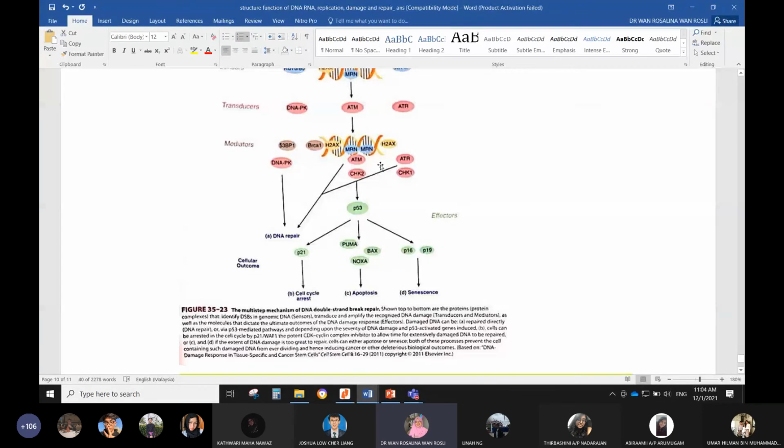So you can see that P53, after its activation, would lead to cell cycle arrest, apoptosis or senescence. Senescence is aging. Basically the cell will age and die off. Apoptosis is killing of the cell. Cell cycle arrest would stop any functioning of the cell. So basically, if this particular protein P53 is defective, then you have a cancerous cell.